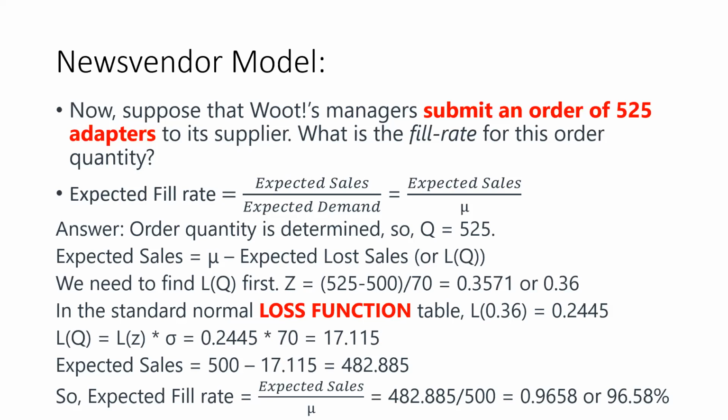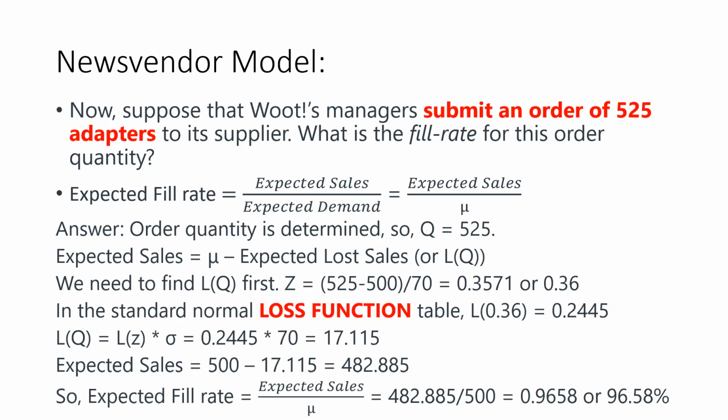You mean the 525 minus 500 divided by 70? Yeah. So that one is the standardization for the Q. So you need to find the Z value first, and then find the L of Z. And then L of Q is equal to L of Z times sigma. Does it make sense? The equation to find Z is your Q minus mu over sigma.